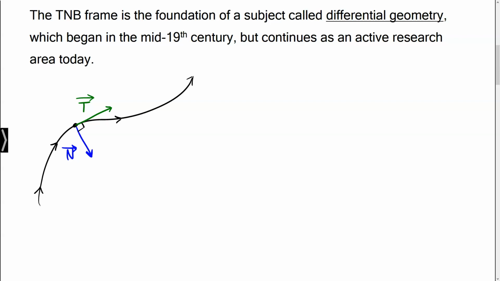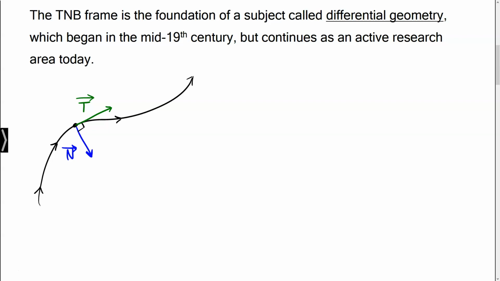Notice how the unit normal is pointing in the convex direction, indicating that the tangent is turning to the right. If you imagine you were driving a car along this curve, the road would go to the right, so you would have to be turning your steering wheel to the right if you wanted to stay on the road. So that's why the normal is pointing to the right.